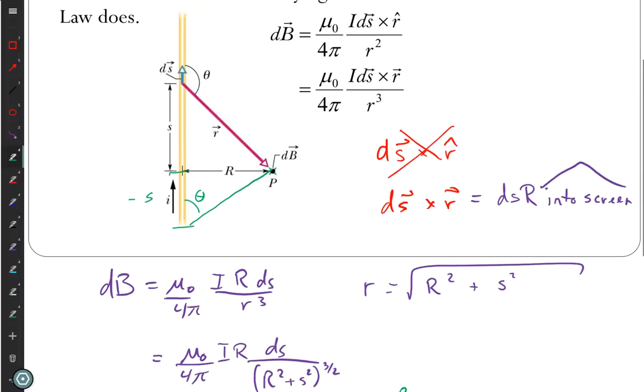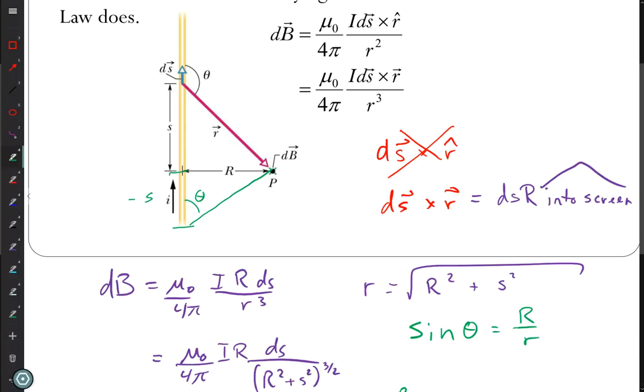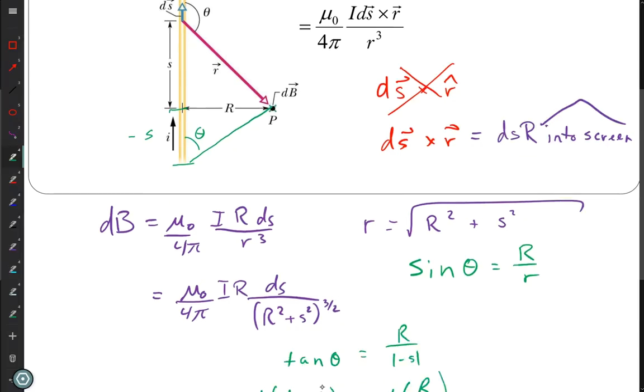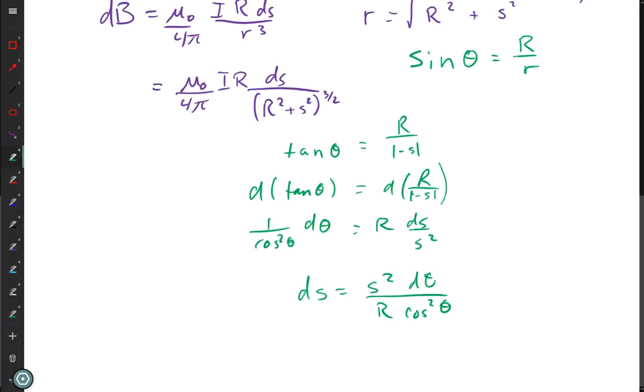Well, how can I relate lowercase r to theta? Sine theta is capital R over R. And so that allows me to say then that lowercase r is equal to capital R over sine theta.